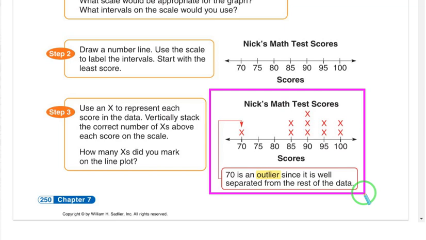We can represent data by using frequency tables, line plots, circle graphs, or bar graphs. So this is the final line plot which represents the scores.